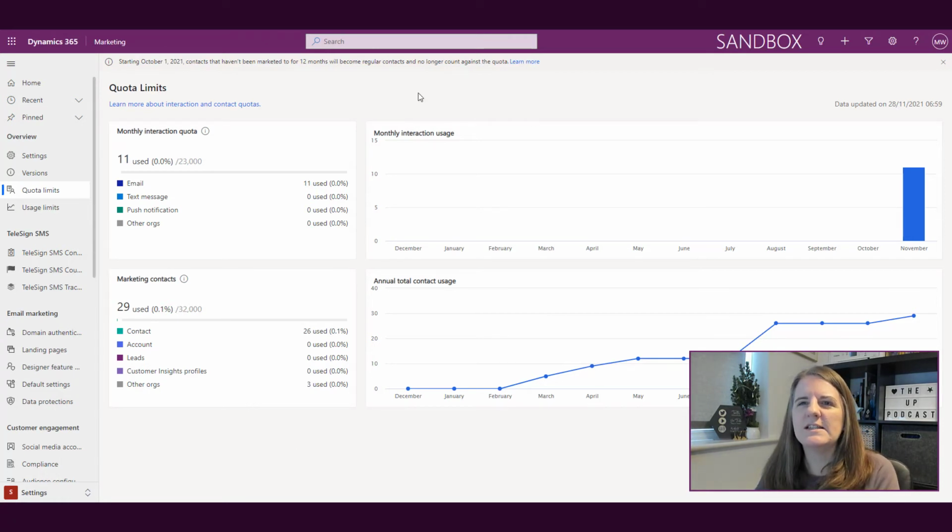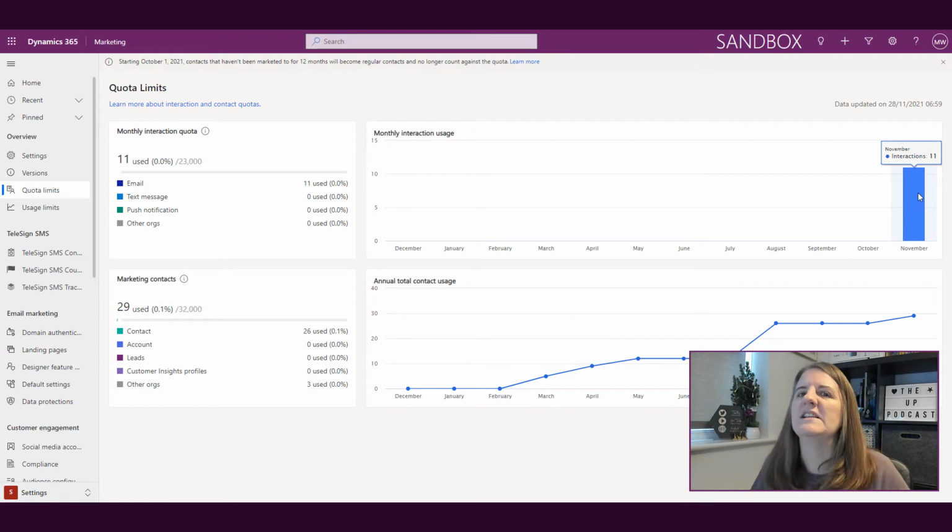We can now see month on month. Now what is interesting is I have had interactions over previous months, but it's only showing those from this month.